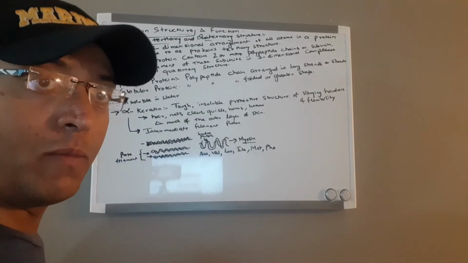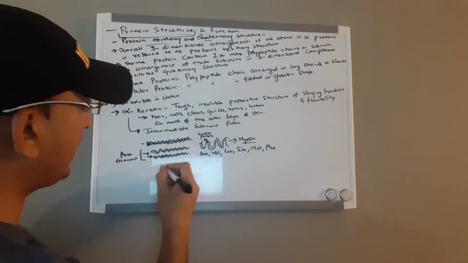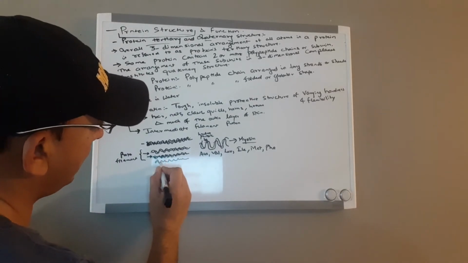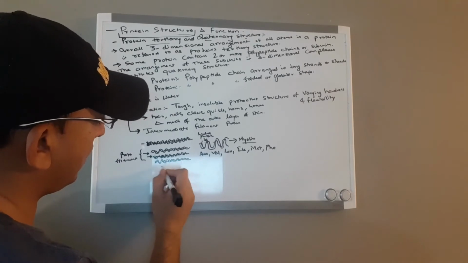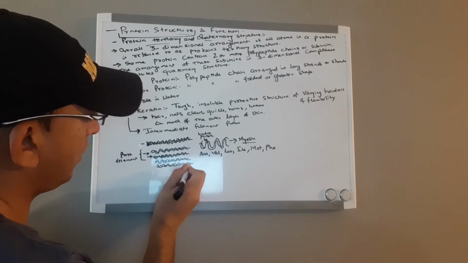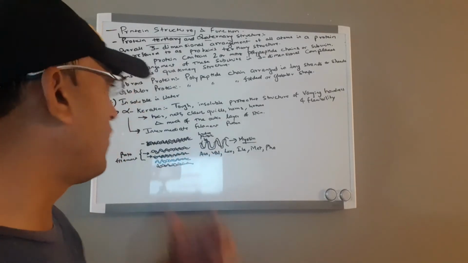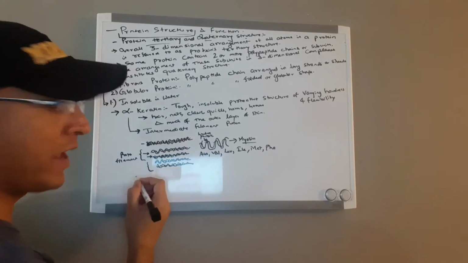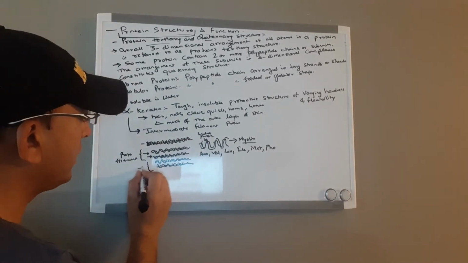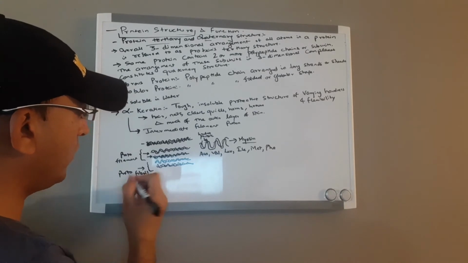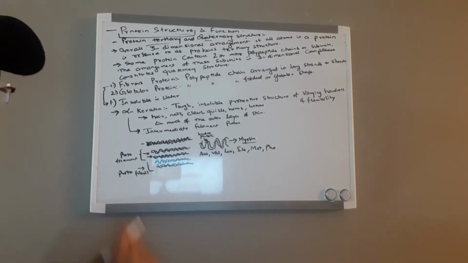So these two will form a protofilament. When there are more than 4, 5, 6, 7, 8, so many of these alpha keratin filaments, it will be termed a protofibril, right?